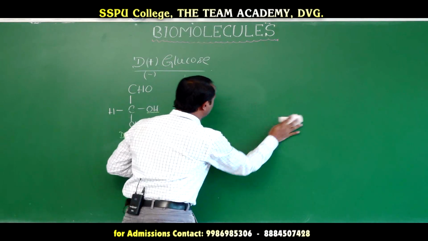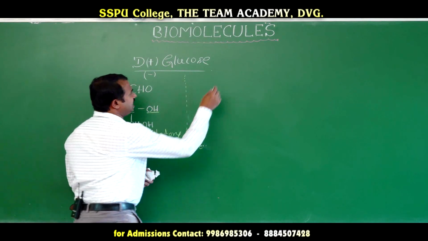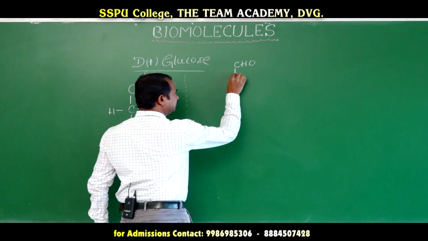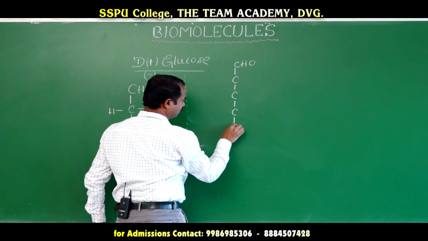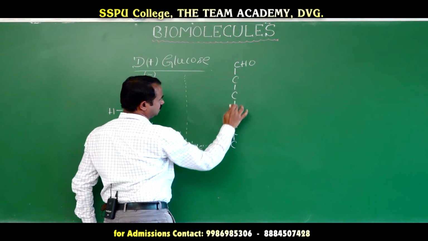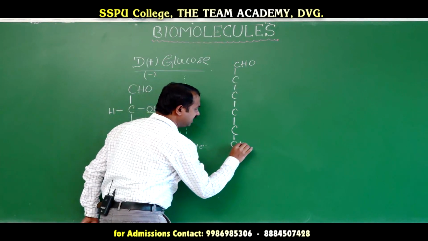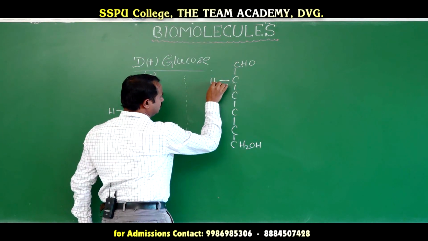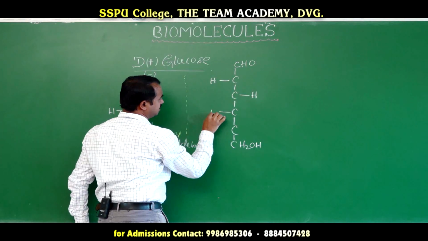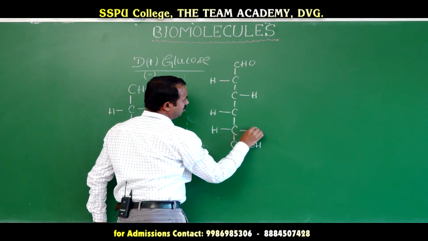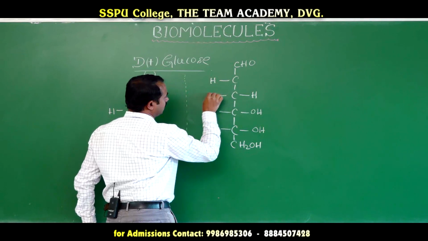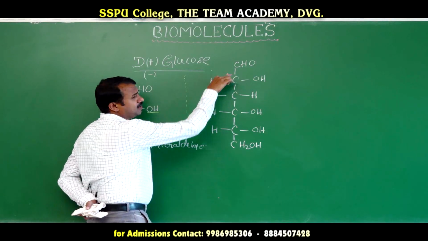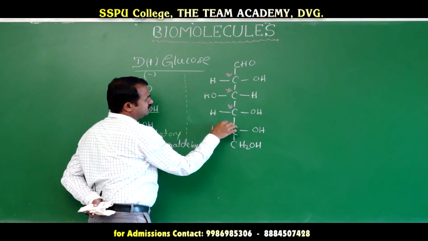When we compare with glucose, suppose this is the glucose structure. The first carbon is CHO, and in total there are 6 carbons, with the last carbon having CH2OH. You already remember the pattern: right, left, right, right for the hydroxy groups. All of these are optically active carbons.